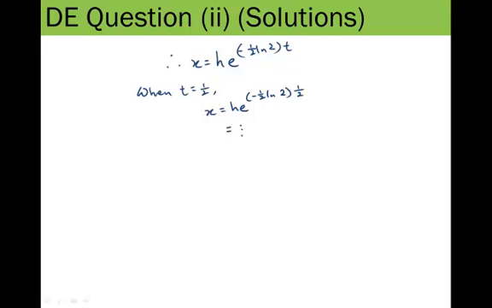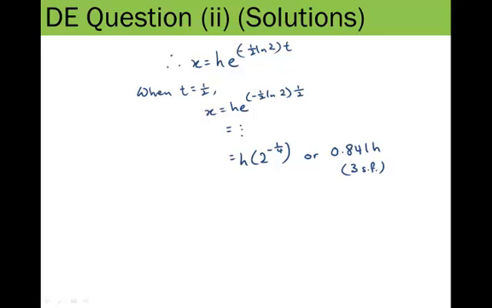And if we were to simplify this, we will end up having h times 2 to the power of negative 1/4. Or if you prefer to give it in 3 significant figures, that would be 0.841h to 3 sf.